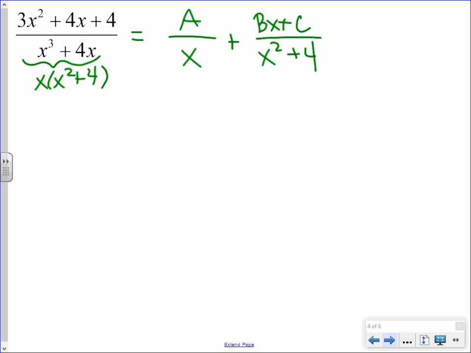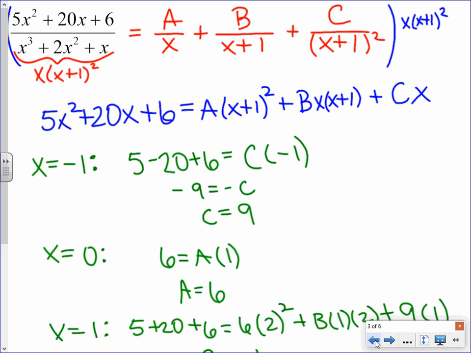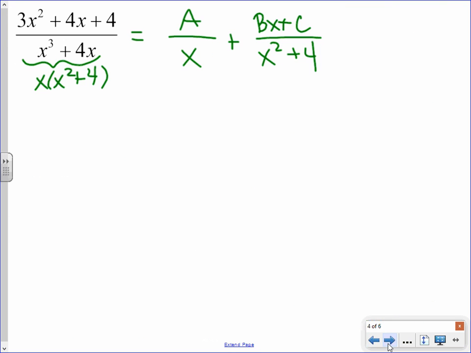And so that's a quadratic only, like if it can't be broken down more, because like we had the quantity x plus 1 squared, and that ended up being a constant. Right. So since this is a linear factor that is repeated, it is still considered linear as a denominator, and so we've just put a constant for the numerator. So that's an important difference to realize. This is still a linear factor even though it's repeated, so we put the constant in the numerator. This is a quadratic factor, and so the numerator needs to be linear.